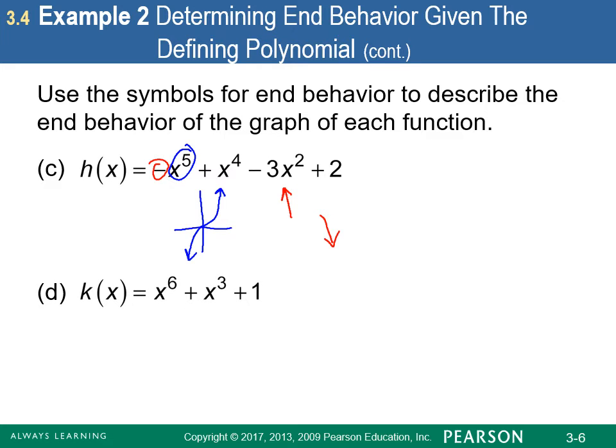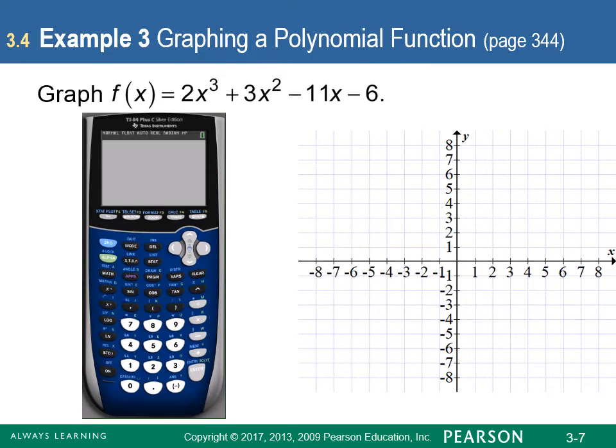X to the 6 has similar characteristics to x squared. It's going to be going up on the right and up on the left. So to graph this on our calculator, we start with the y equals. We'll clear out anything that's there.